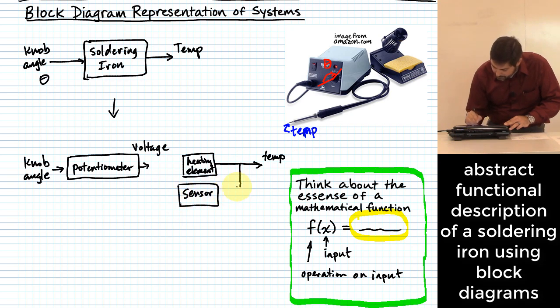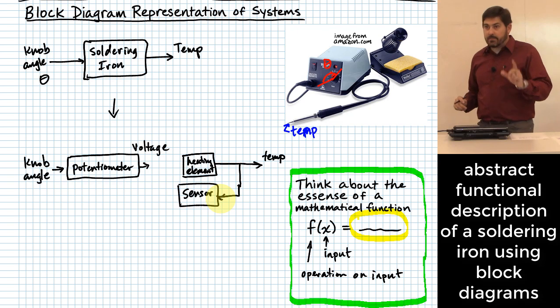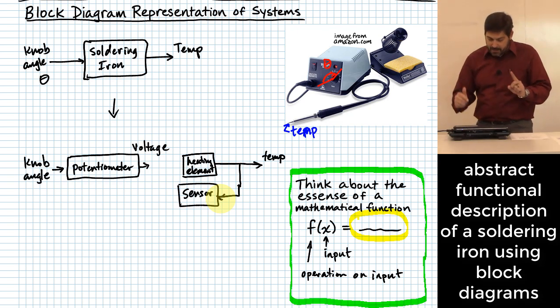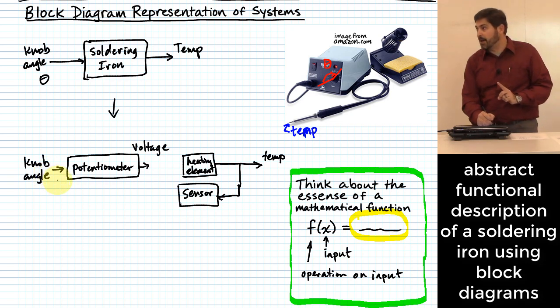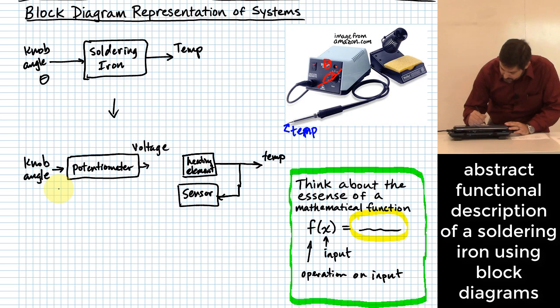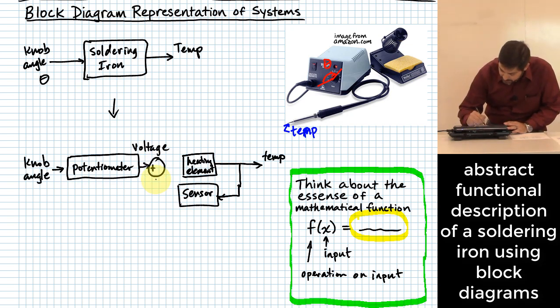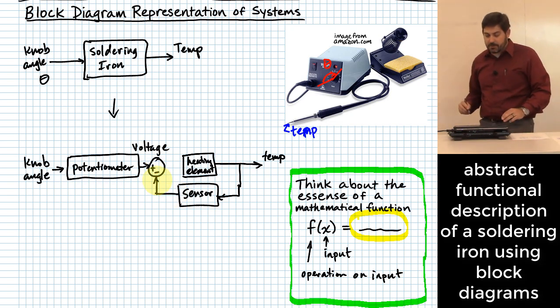And maybe what will happen with that sensor is that it might be able to convert its signal into a voltage that I could compare against the voltage that I get from the knob angle through the potentiometer. And what a lot of times we can do there is take what that desired temperature is as a signal coming from the potentiometer and subtract off the signal that's coming from the sensor.